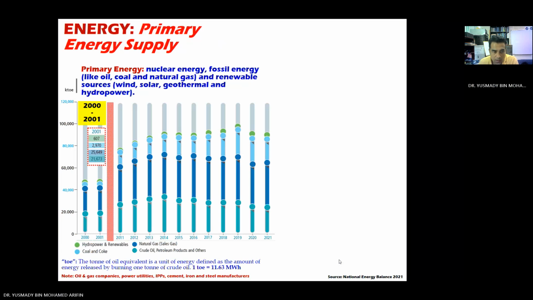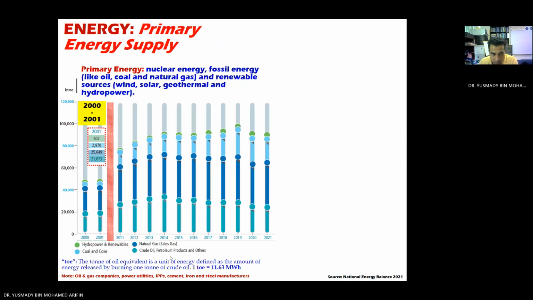However, if we look at the individual values of energy supply up to 2021, you can see a slight increase from 2011 up to 2014. We can see that trend, slightly increasing energy supply for all types of energy source.